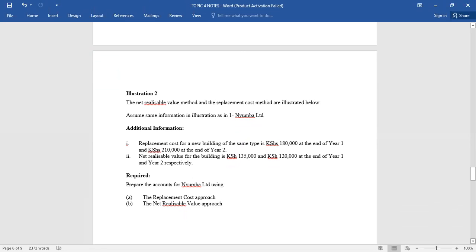We are on that illustration I gave you. So I'm saying illustration 2, we assume the same data for illustration 1, only that we are now replacing the building. So we are replacing the cost for a new building on the additional information. It is still Nyumba Limited, only that we are replacing now the cost for the new building at 180 in year 1 and 210 at the end of year 2.